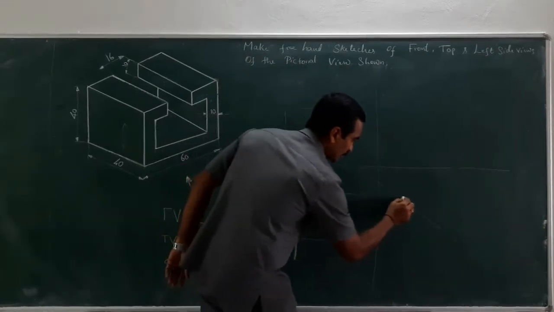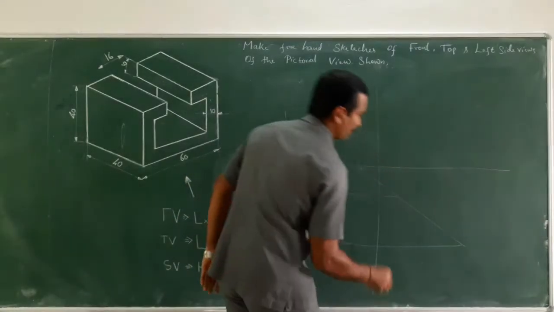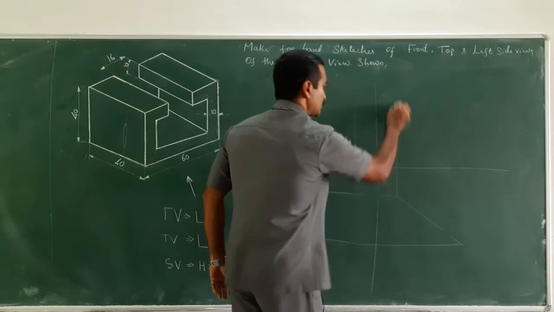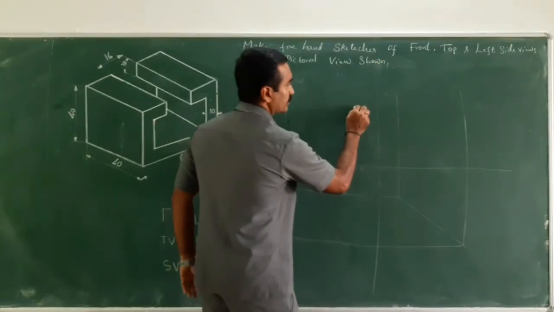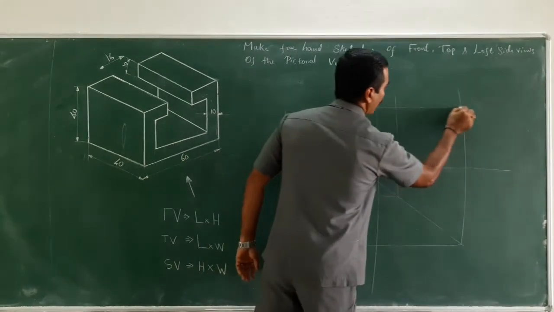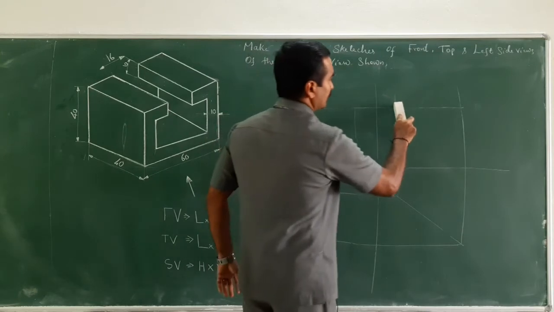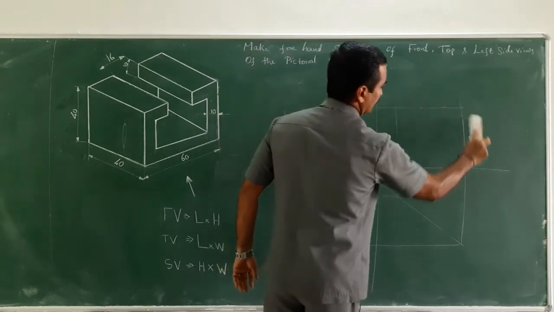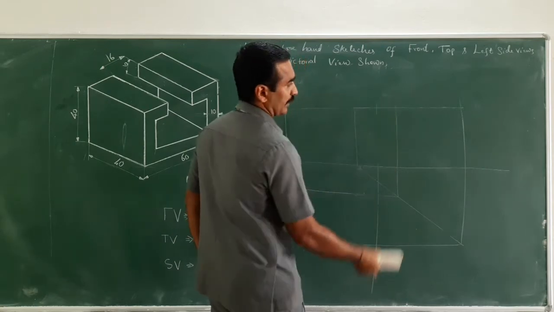So extend this line, and project upwards. Now project this. So this is where you are going to get your side view. Within this box only, we are going to capture the side view.